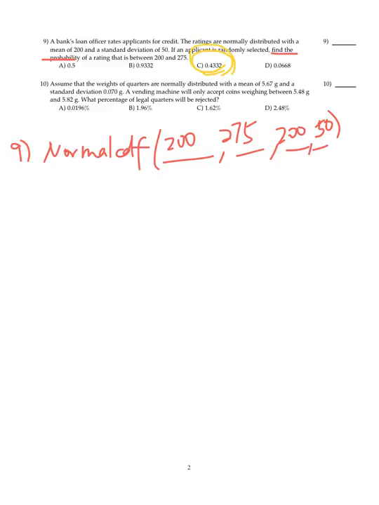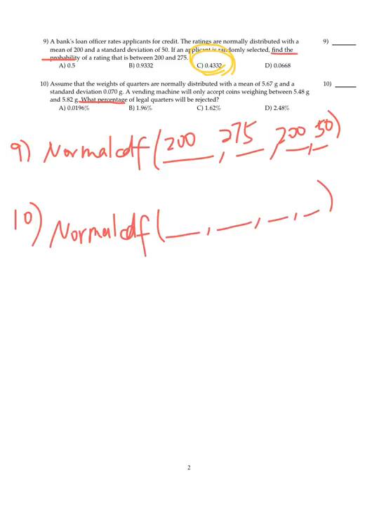And for number 10, what percentage of the quarters will be rejected? The keyword is percentage, so that means a probability question. So normal CDF again. We are looking for the percentage that will be rejected. What's the meaning of rejected?